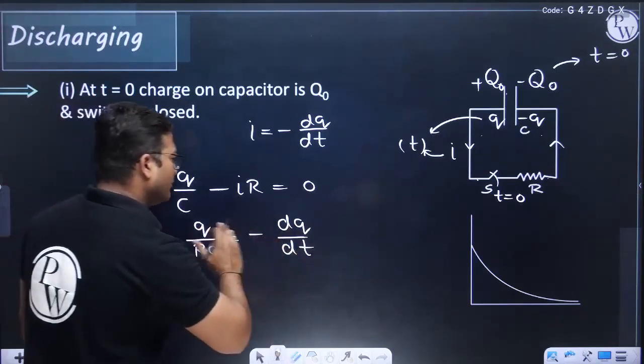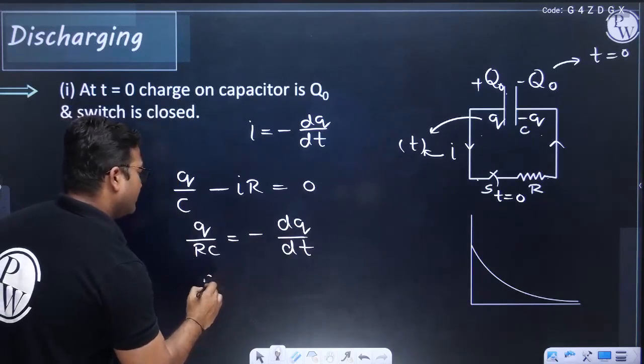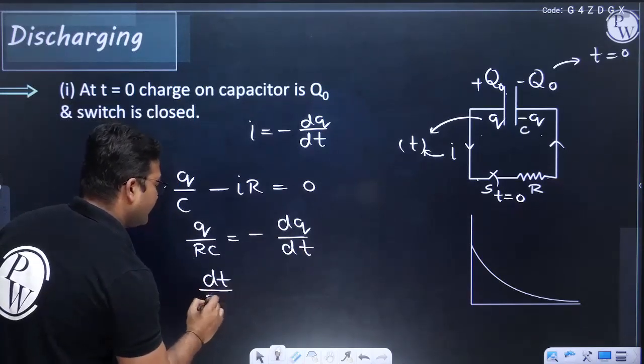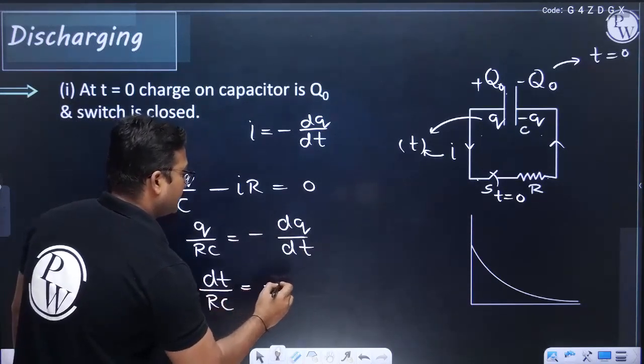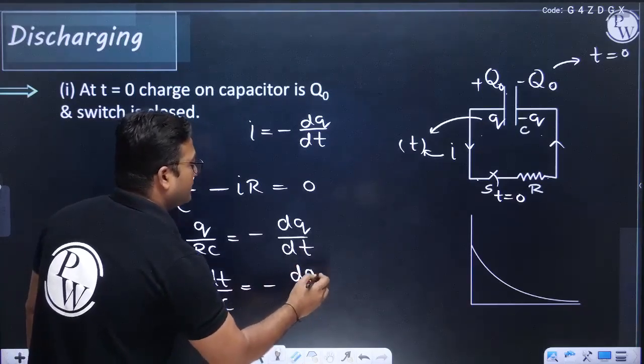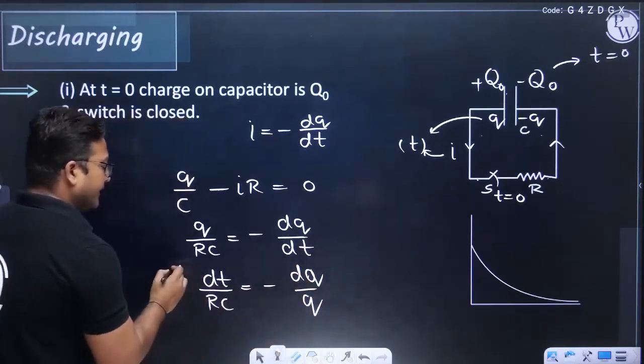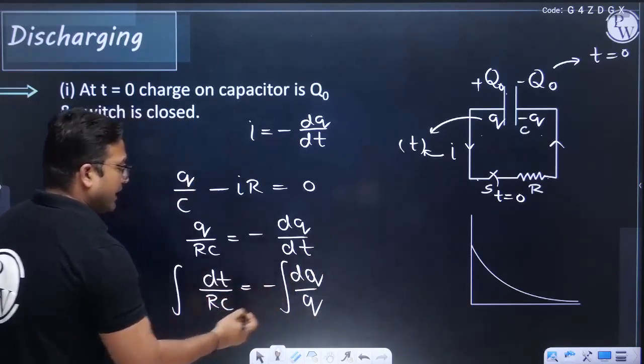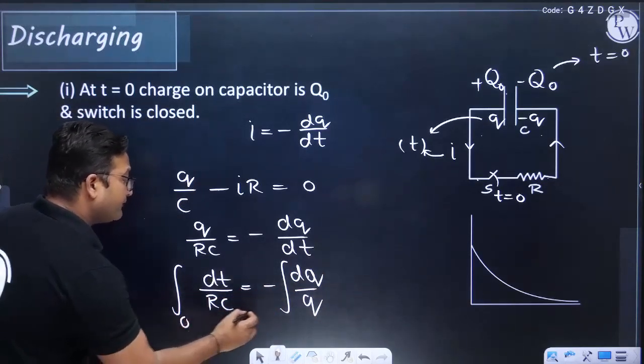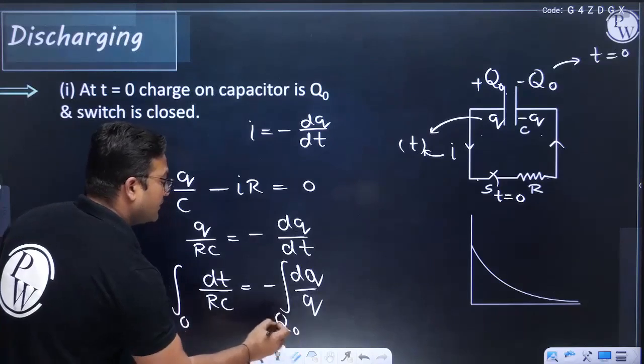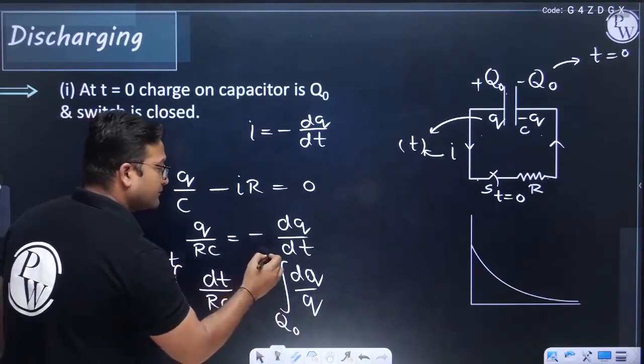Let's bring Q on one side, time on one side. So dt divided by RC becomes minus dq by Q. Integrate the result, and now you know at t equals 0 we have charge Q naught, and after some time t the charge is only Q.